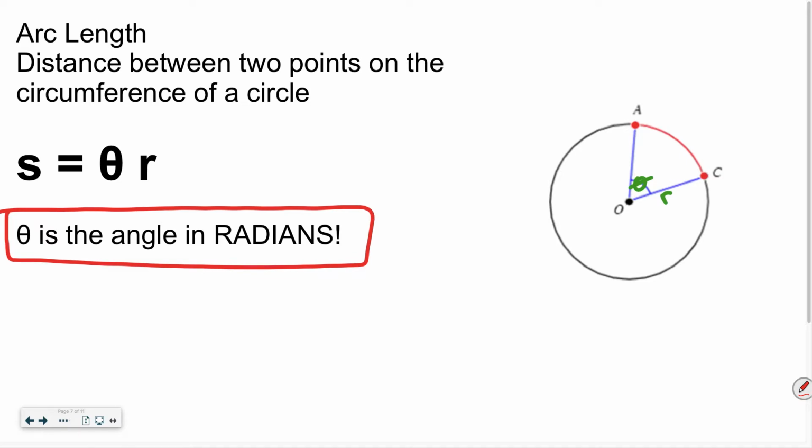Okay, from that very first slide. Okay, your angle has to be in radians for this to work. Okay, and it is a measurement of length. All right, so you're going to have a label. If the radius is given to you in inches, your arc length would be in inches. If your radius is given to you in feet, then your arc length would be measured in feet.